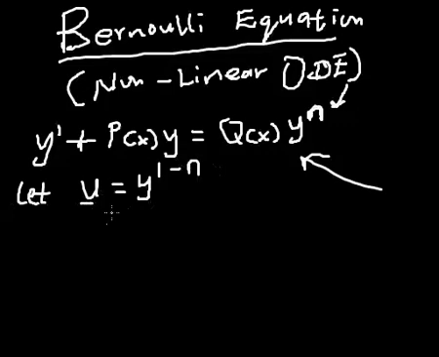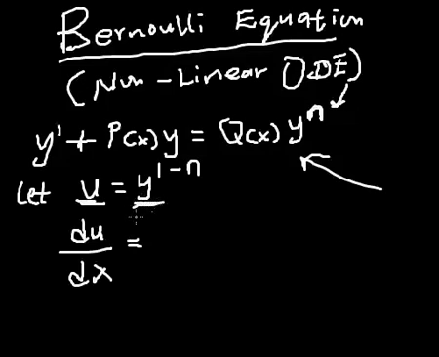So if I do that, if I let u be equal to y raised to the power 1 minus n, what I need to do first, having changed this variable, is differentiate u with respect to x. Remember, the function here is a function of y. How can I differentiate a function of y with respect to x? That is where the chain rule comes in.